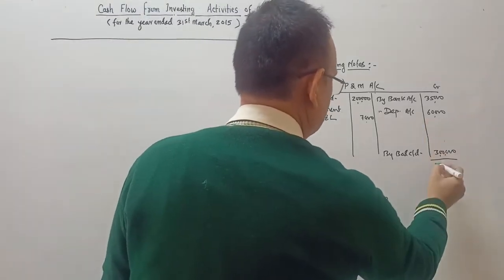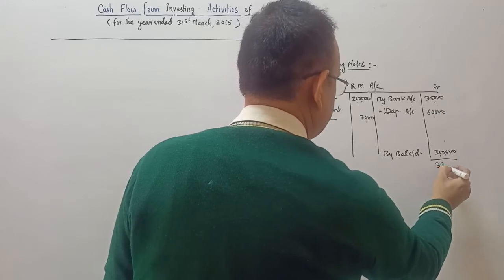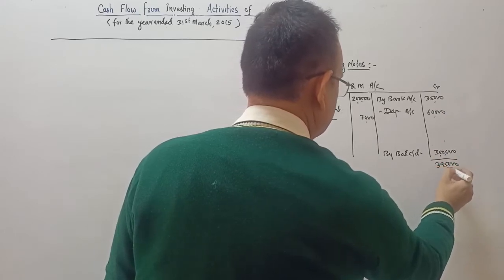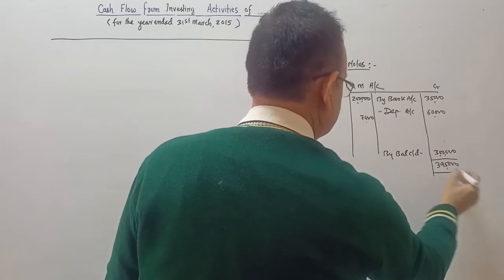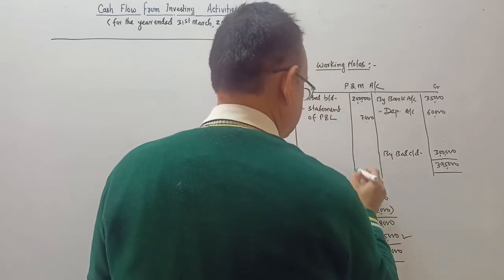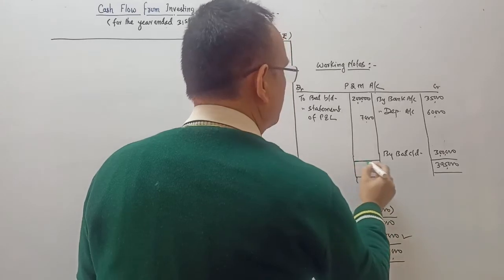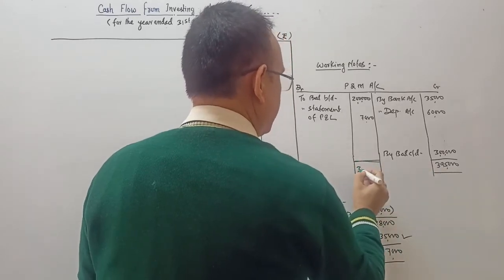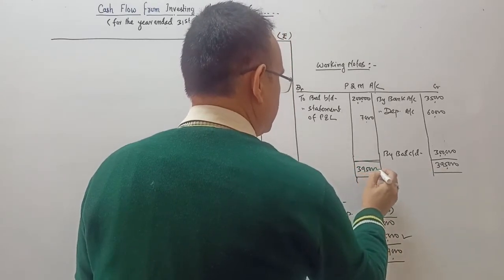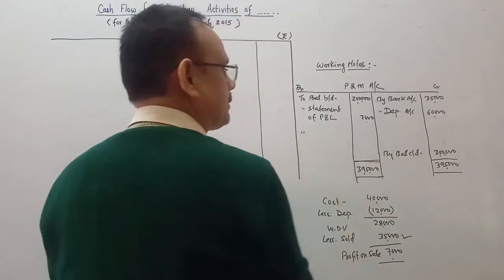This side total is more. The credit side total is 3,95,000, and I am going to write the same total on this side, 3,95,000, to find out the difference amount.